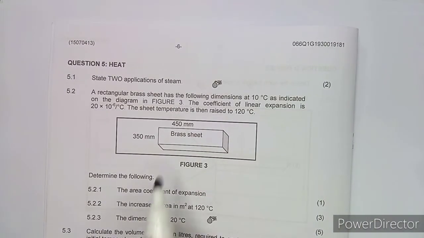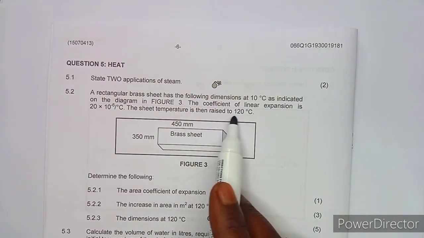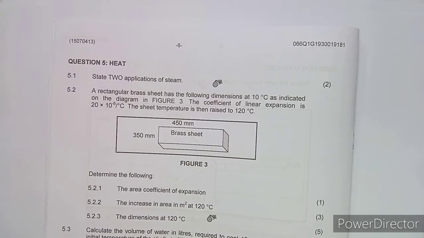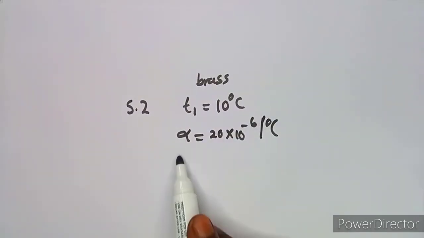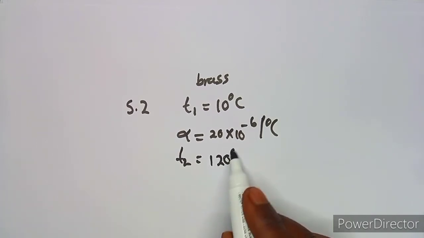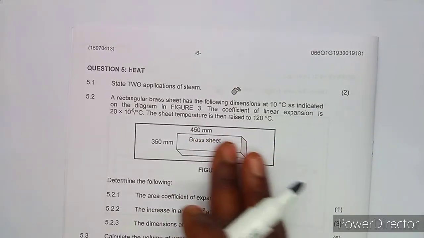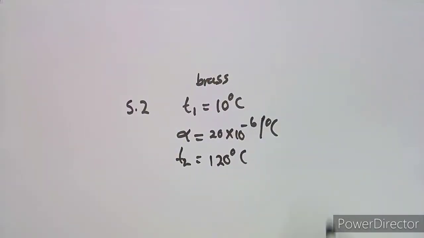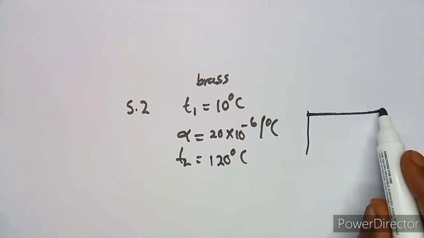Then the sheet temperature is raised to, which means after some time we had that temperature. So that's your T2, your final temperature, which is 120 degrees Celsius. That's your rectangular brass sheet. As you can see, it's a solid shape, but what we just need is a cross section of the diagram.